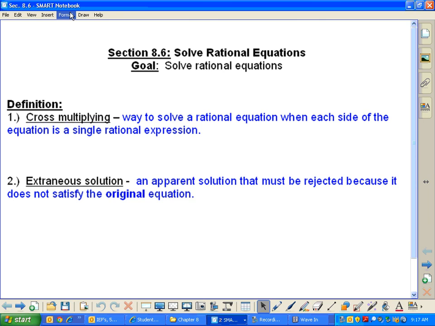But in definition number 1 there, you're asked to define cross-multiplying, and that is a method. It's just a way to solve a rational equation when each side of the equation is a single rational expression.